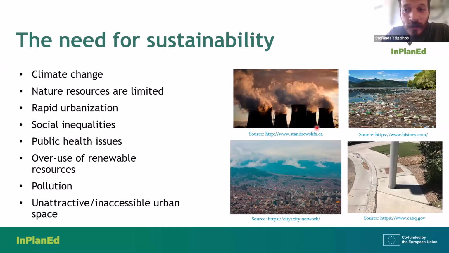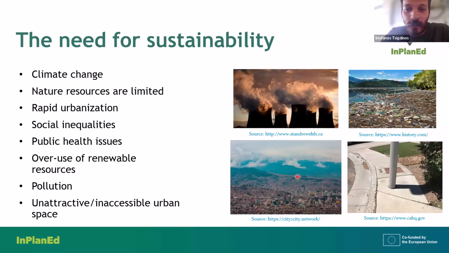Also, another issue of sustainability to take into account is overuse of renewable sources, because renewable sources are something that we need, but we should focus very carefully on where and in which conditions we should develop such an approach. We also have pollution, and as we see here, these are pollution-related problems.